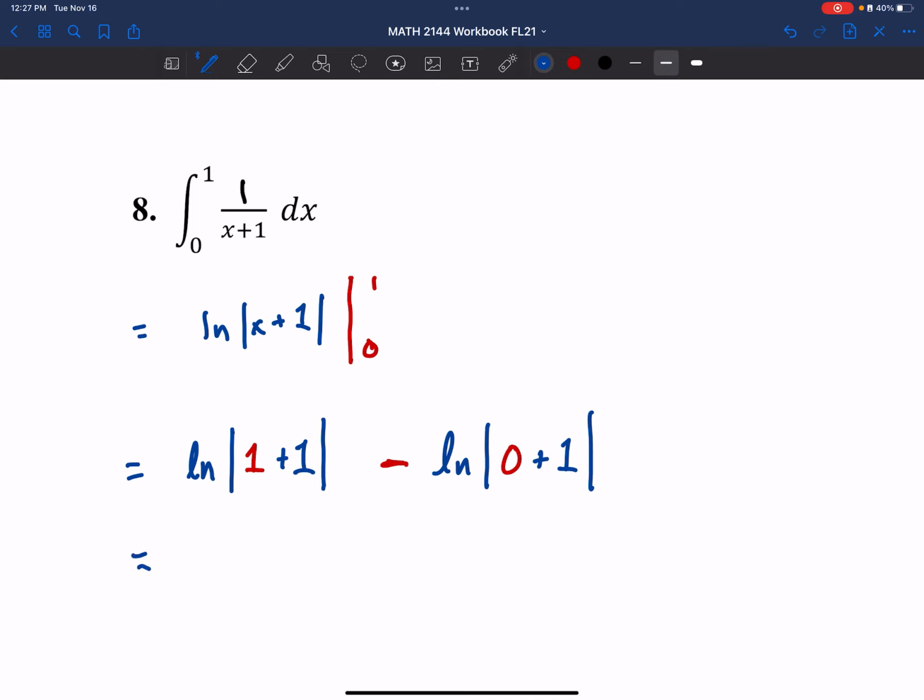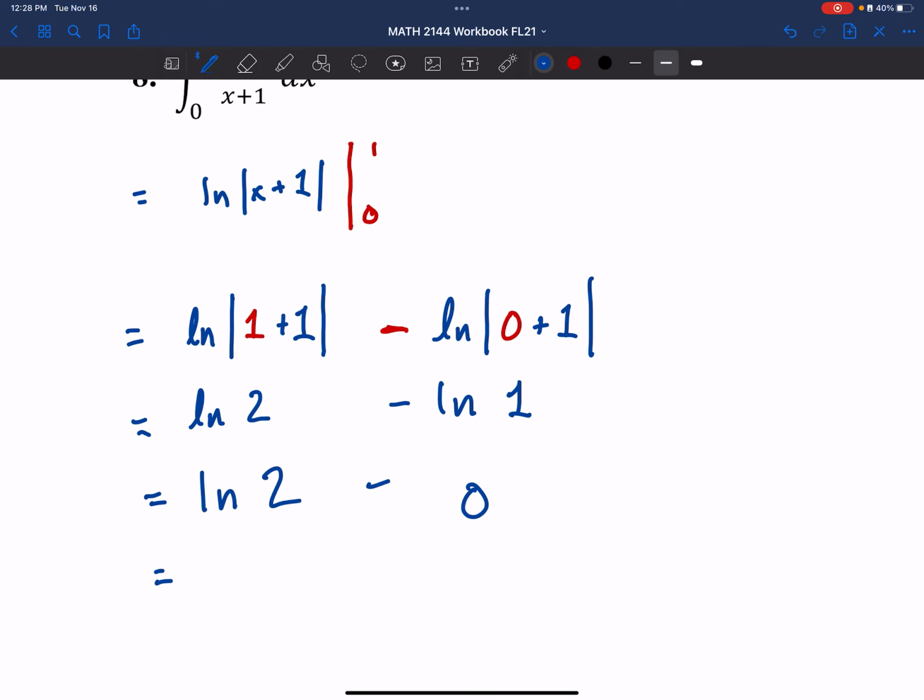So this is just going to be ln of 2 minus ln of 1. The ln of 1 is 0. So the answer is ln of 2 minus 0, or just simply ln of 2.